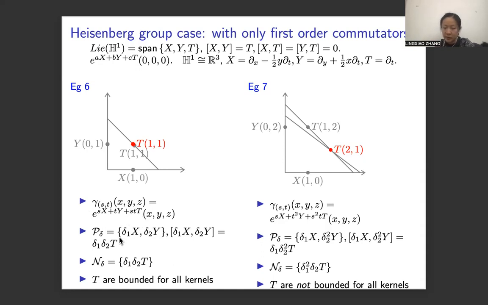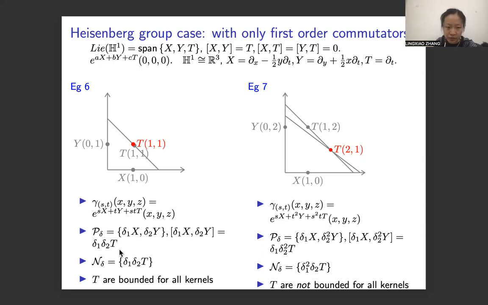Now the dilated pure vector fields are delta 1 X and delta 2 Y, and their commutator is delta 1 delta 2 T. Recall that in the previous translation-invariant polynomial case, all commutators vanish, so we didn't need to compute them. But here, there is a first-order commutator, but fortunately, it doesn't have higher-order commutators.